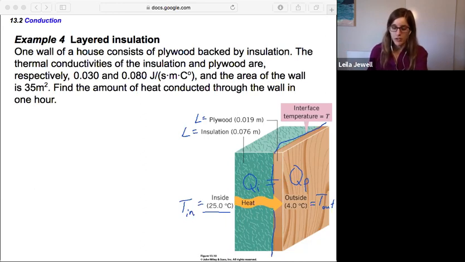So for however much the plywood gains heat from the insulation, you could say, the insulation loses the same amount of heat to the plywood. So that's one reference point here. And then we can use our conduction equation to actually figure out what is this interface temperature so that we can figure out the net heat flow through. So let's take a look at this.